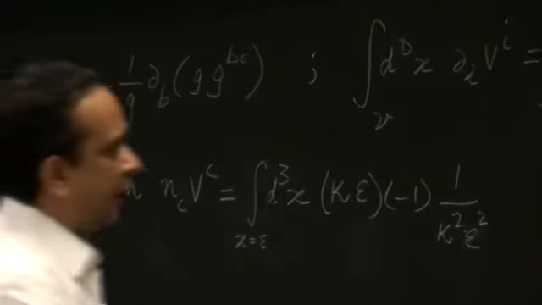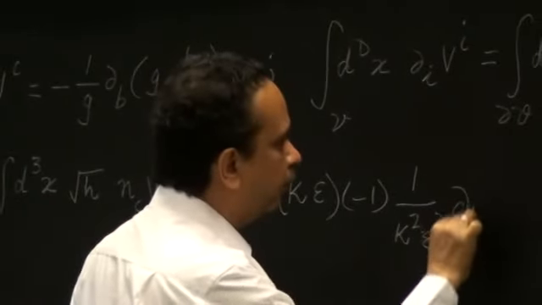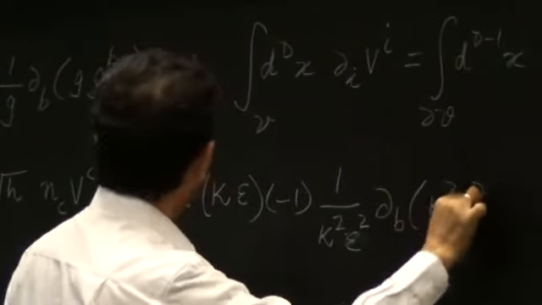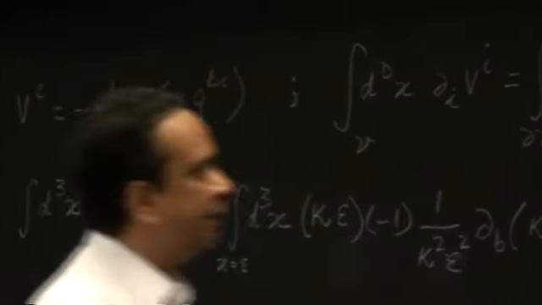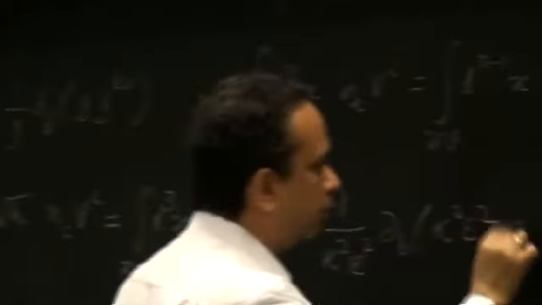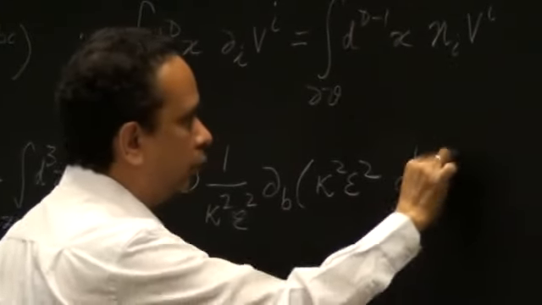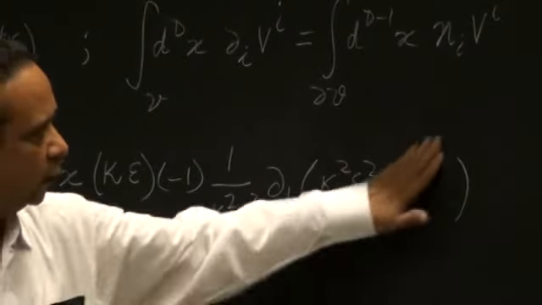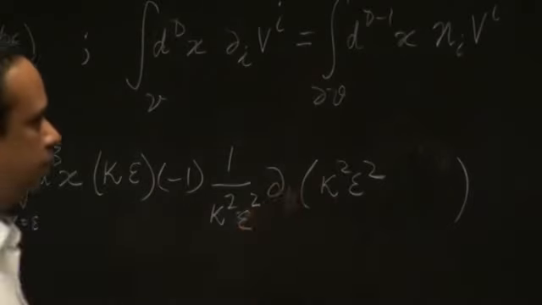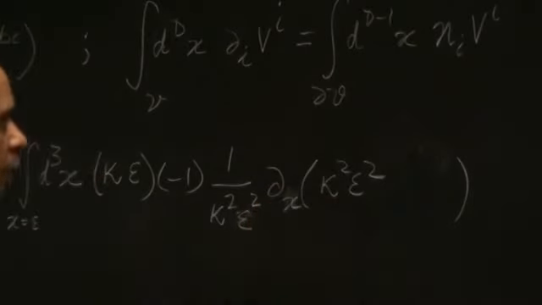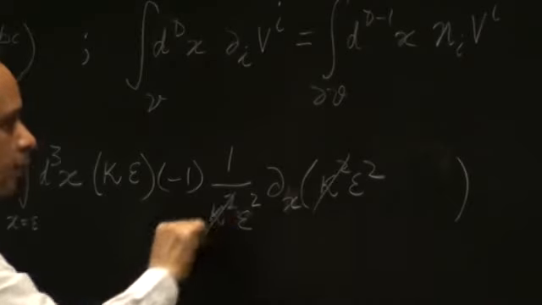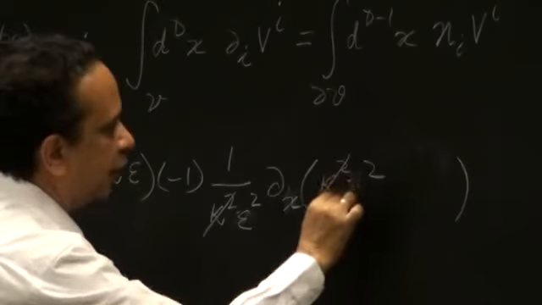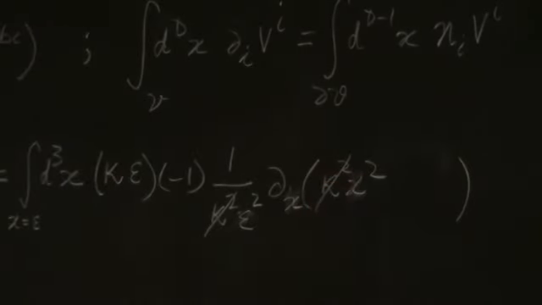Then I have the derivative of kappa square epsilon square, then g^{bx}. For this metric only the x component contributes, and that is 1, so I only need an x derivative here. And kappa square just goes away. Of course this is x square, and after the derivative I have to put x equal to epsilon. So this is what we have.